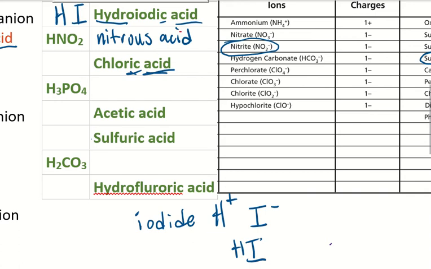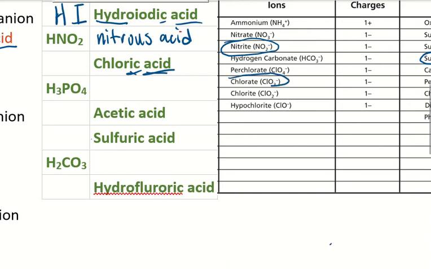Nope. Doesn't have the hydro, so it's not IDE. Should come from ATE. So we're looking at chlorate here. Now, what's chlorate? ClO3 minus. So how many hydrogens do you need? 1. So it becomes HClO3.